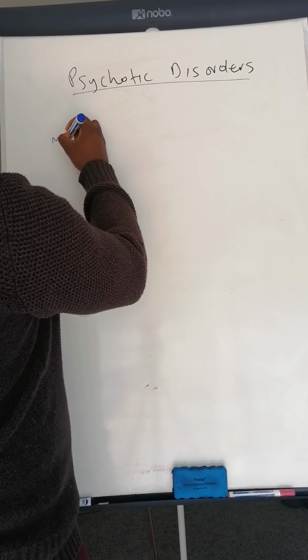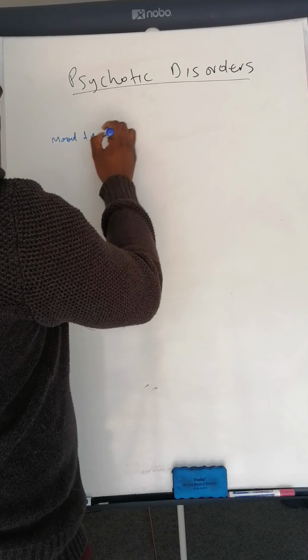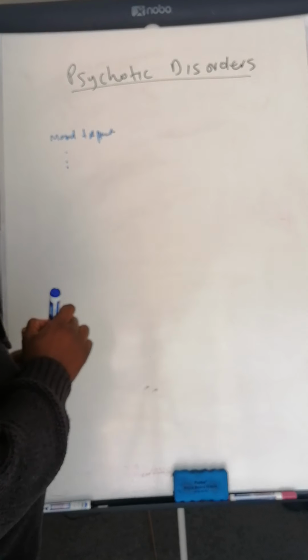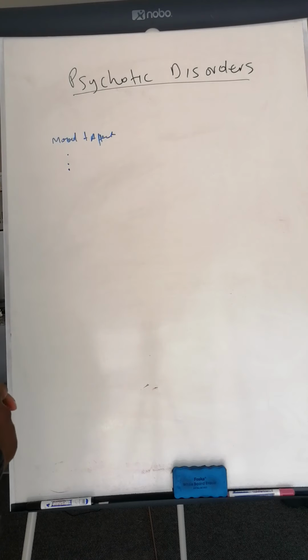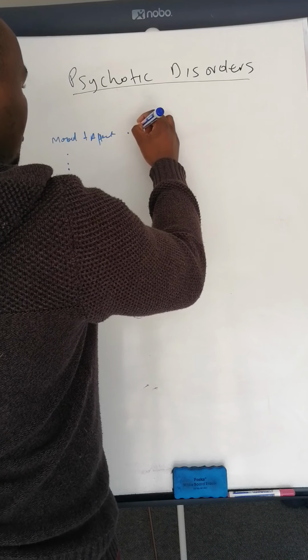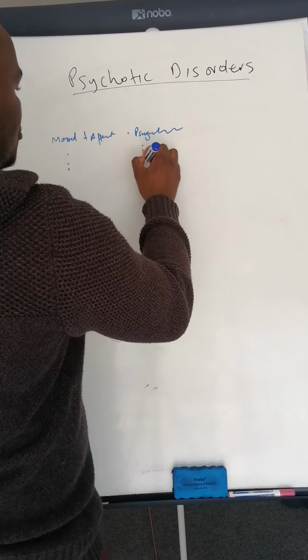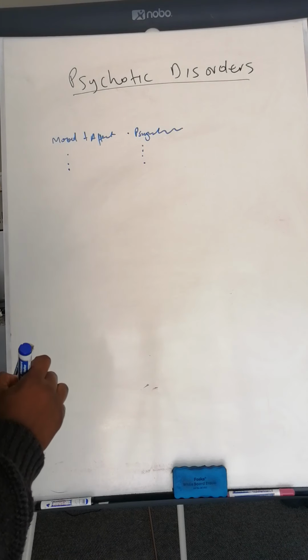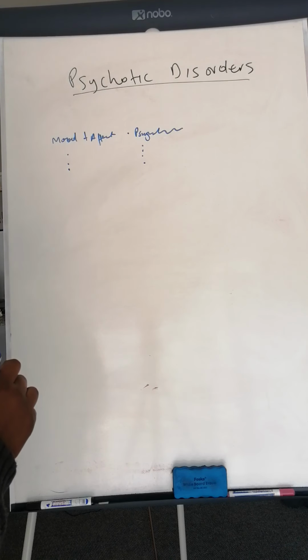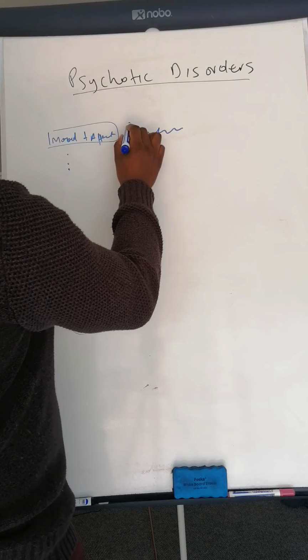If someone has got a mood and affect, study the symptoms that you expect under mood disorders, and then come to psychotic disorders. Study the symptoms that you expect under that umbrella. This is one umbrella. I'm gonna call it an umbrella, guys, ne?